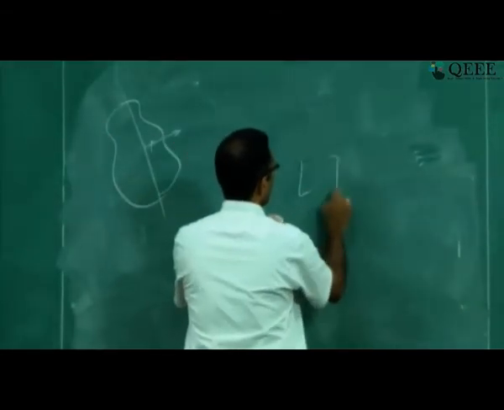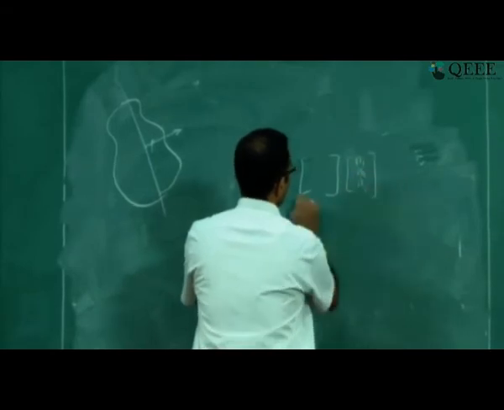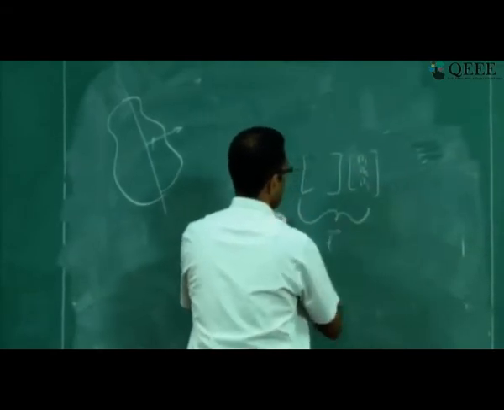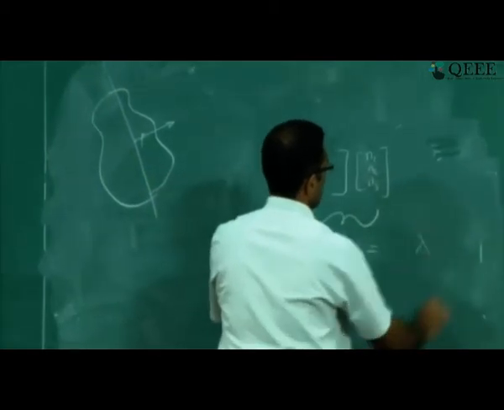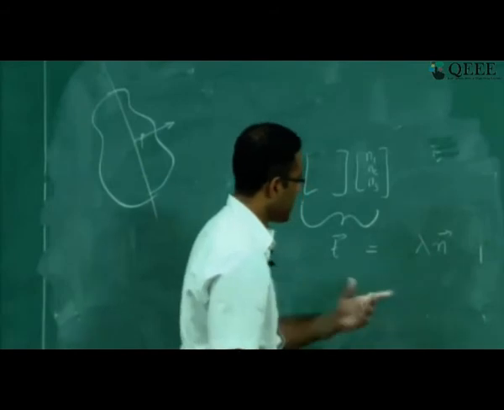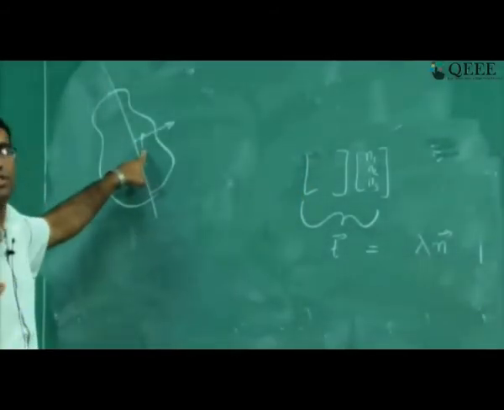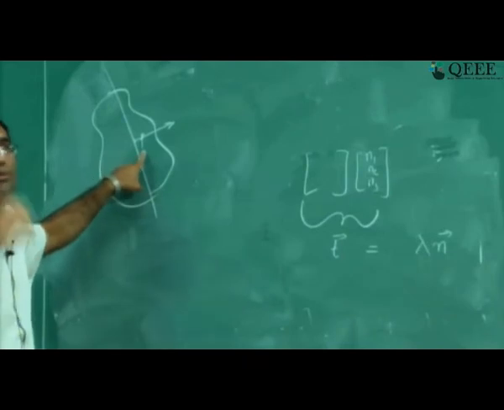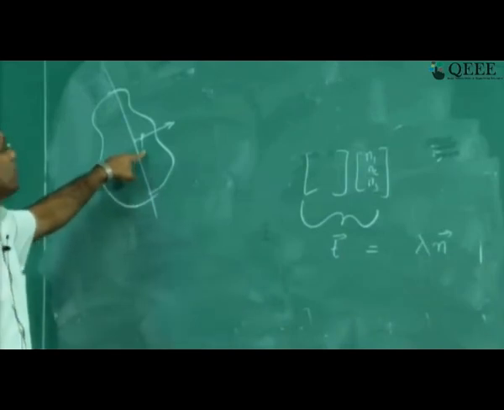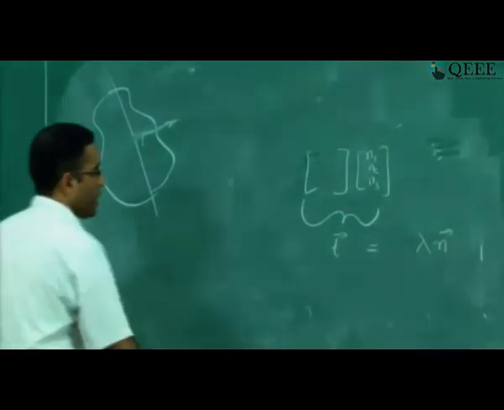So if sigma times n1, n2, n3, this was the traction, was equal to a scalar multiple times n, this lambda or the scalar multiplier is basically the three principal stresses, telling you that there are three such values for which the traction and the normal component can coincide.